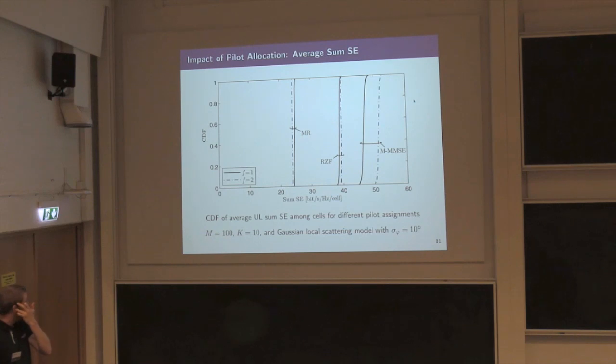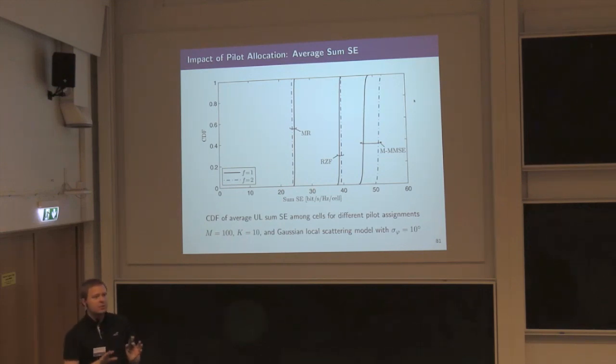In this case, I have been looking at a case with 100 antennas, 10 users, the same Gaussian local scattering model as before, and I have taken the same setup and I have given different assignments of the pilots to the users.